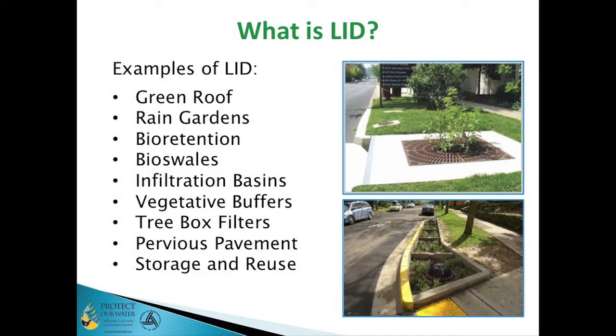Just a list of some of the types of features that you may come across, and there's a lot of overlap in some of these names, whether it's a bioswale or bioretention or a rain garden, and these can all be various versions of the same thing. But generally, the difference here as compared to our traditional stormwater treatment is we're looking at not only infiltration, but even if we're not infiltrating a significant quantity of water, some sort of biological activity, using a soil mix with plants in it as part of our filter media for stormwater.